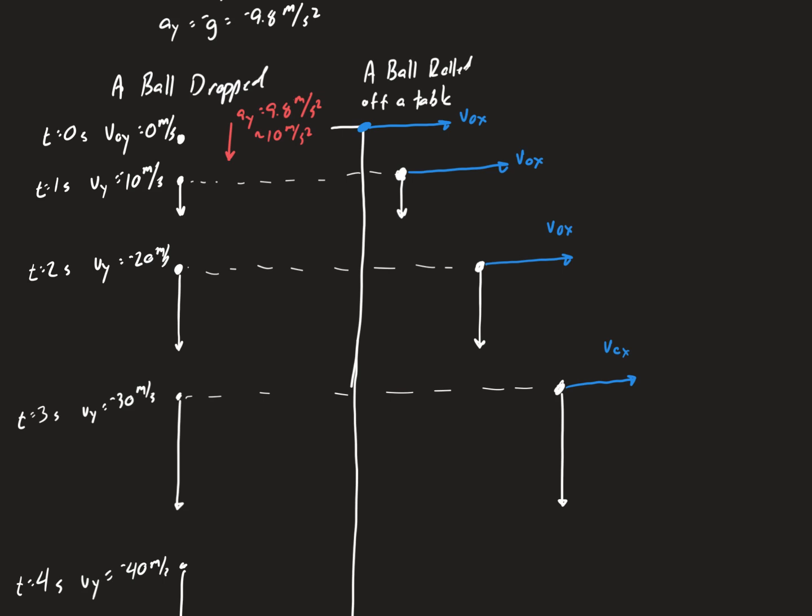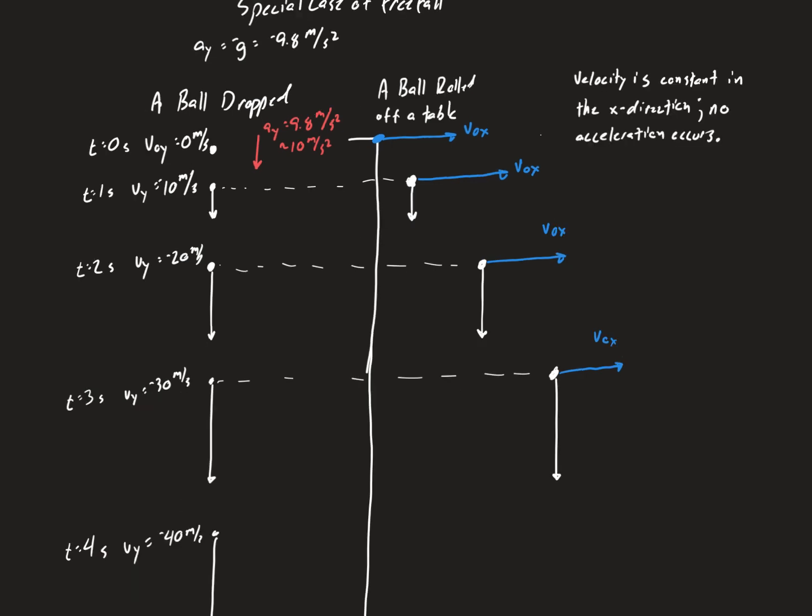Now notice, as it progresses through time, as it's falling, it's increasing distance in the x direction, but at a linear rate. It is not accelerated in the x direction, therefore it is constant in the x direction.